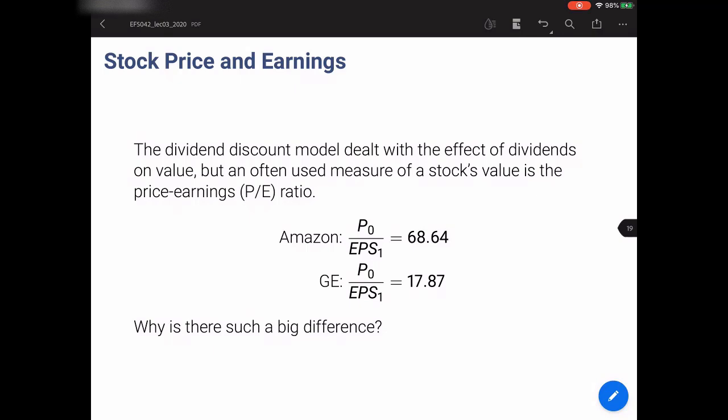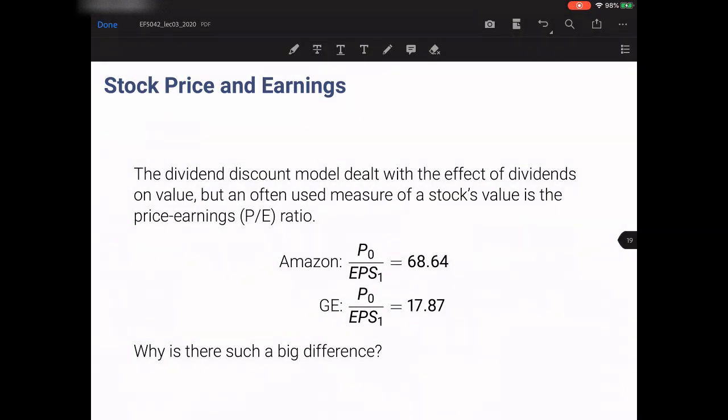For those of you who trade stock, you realize that GE pays dividends, but Amazon is essentially reinvesting all of its earnings into the firm. It does not emit any cash. So what does this mean? From what I've presented so far, from our model, GE has fewer growth opportunities. Or in other words, Amazon has a lot of growth opportunity.